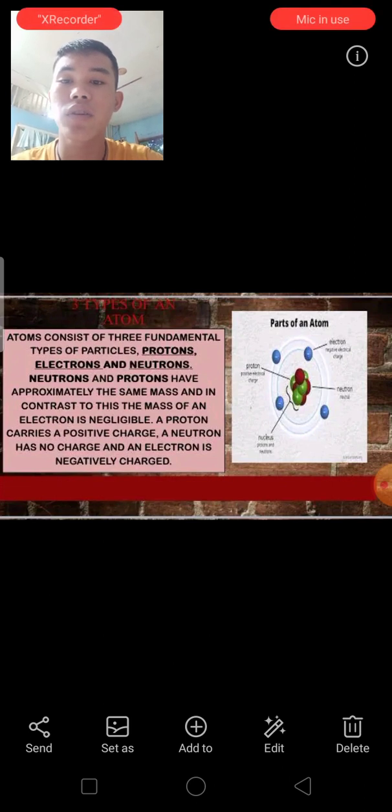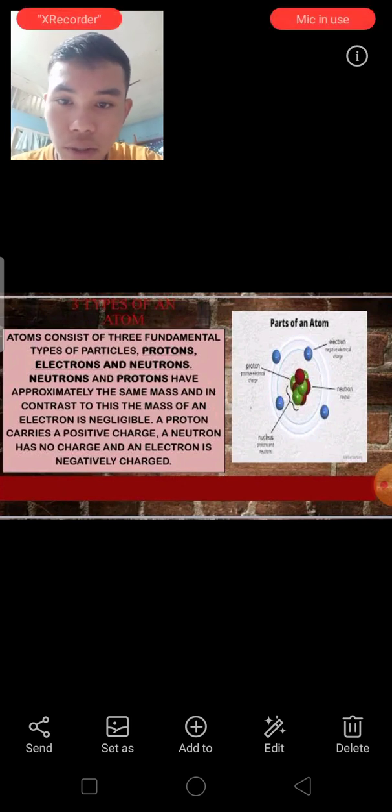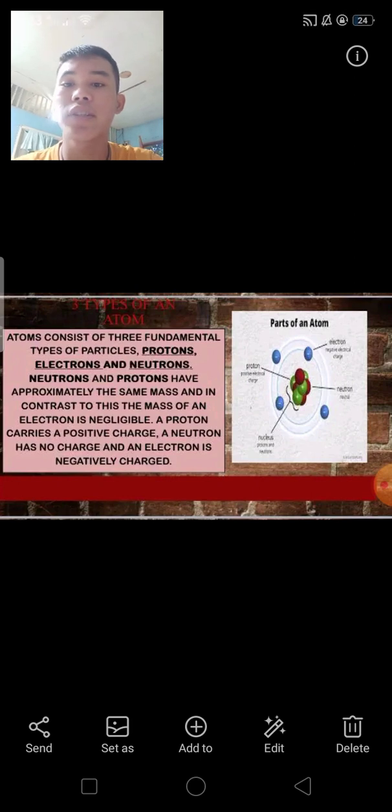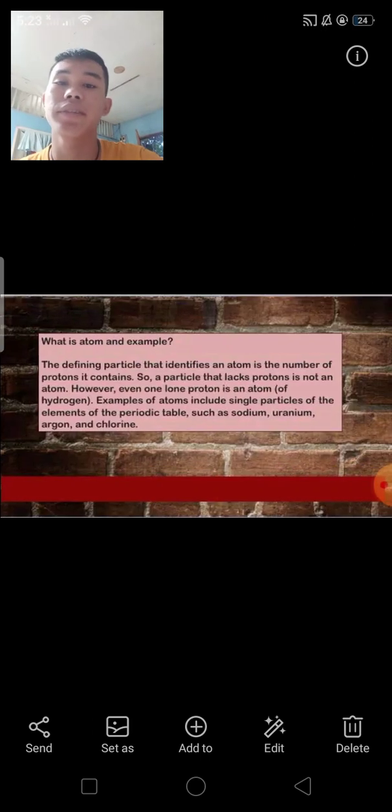Atoms consist of three fundamental types of particles: protons, electrons, and neutrons. Neutrons and protons have approximately the same mass, and in contrast to this, the mass of an electron is negligible. A proton carries a positive charge, a neutron has no charge, and an electron is negatively charged.